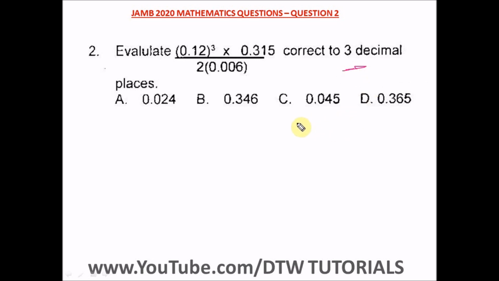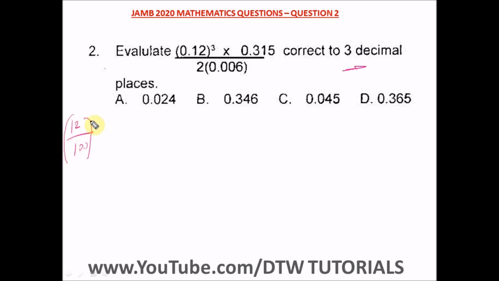Let's not forget, we can have this done quickly with our calculator and we'll get our answer, but there could be an instance where we may be told not to use a calculator. How then can we solve this without a calculator? It's quite simple. We have to break it down a little to make it more simplified. So I will say we have 12 over 100.